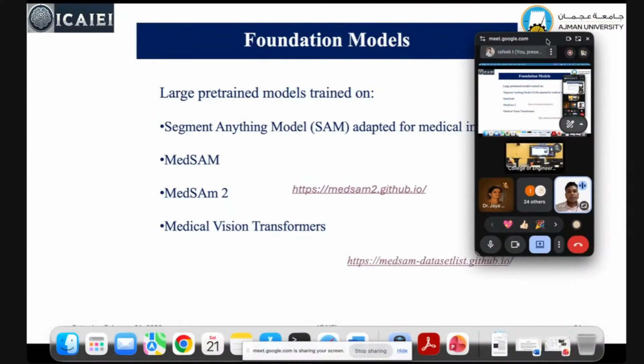What people are doing is, that Segment Anything Model is a pre-trained model, trained on a large data set.